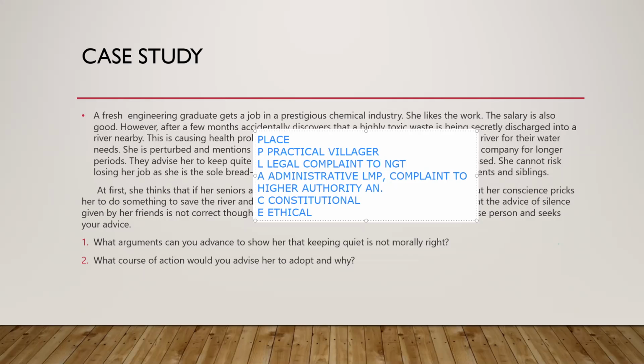Legally you are bound to ask your vigilance section. They will put that complaint in the file, and you will have to show what action you have taken. So formal is always better.